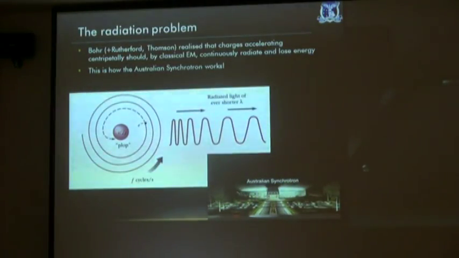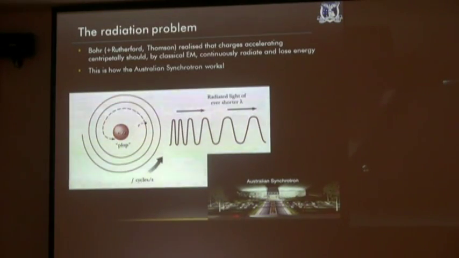But there was a problem, because already by 1911 it was known that if an electron goes into circular motion, it's accelerated, because its velocity vector is changing direction, and that acceleration should cause the electron to radiate energy away into space, which would allow it to spiral down until it collided and stuck onto the nucleus.